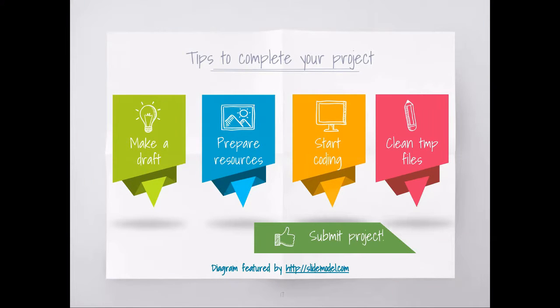And then start coding and start making your views for this project. In the future, maybe you will include some logic. And as the instructions for the submission of the projects say, clean all the temporary files. And then when you are done and you are really proud of what you have built, then you can submit your project, okay?